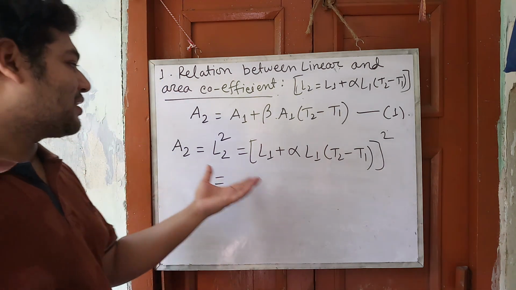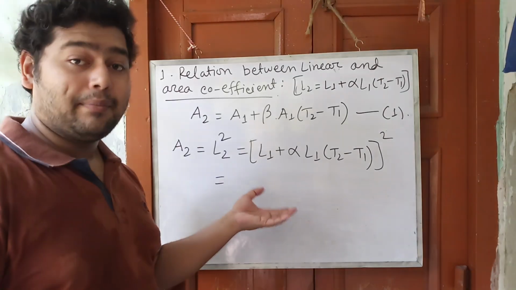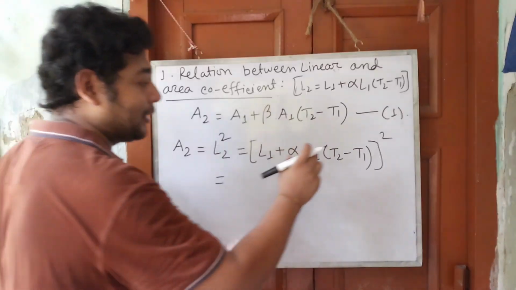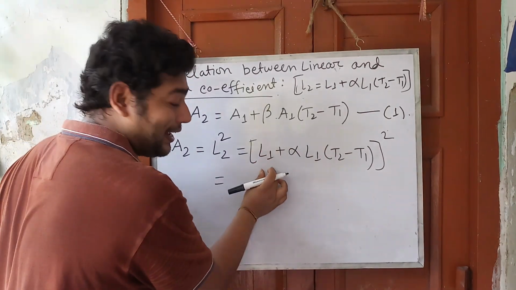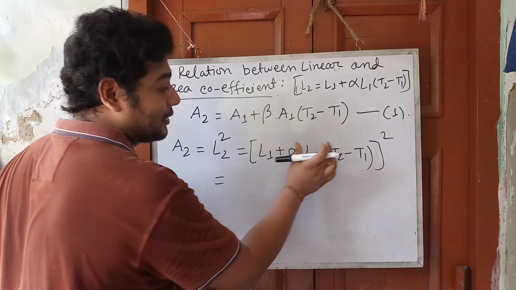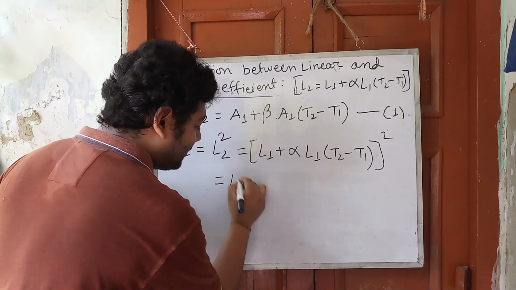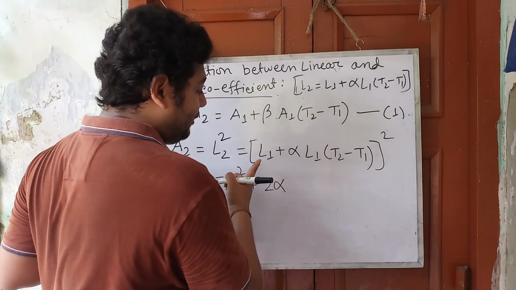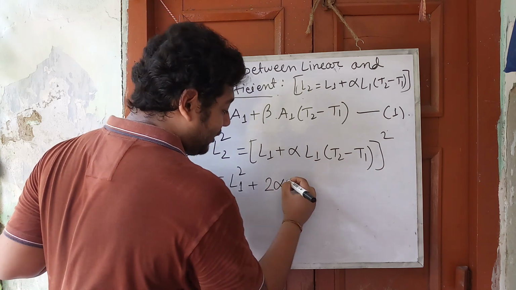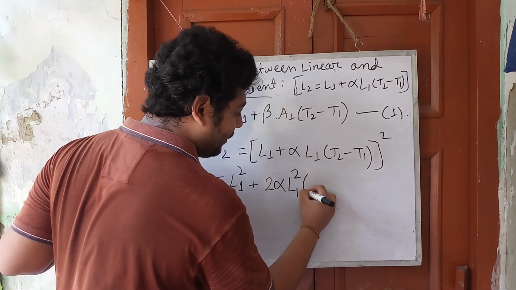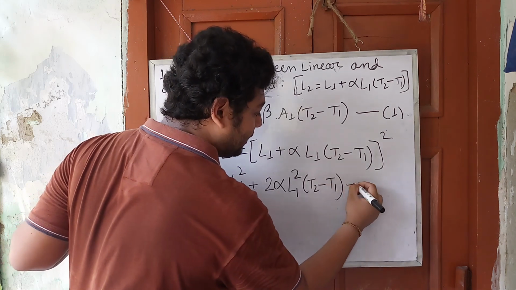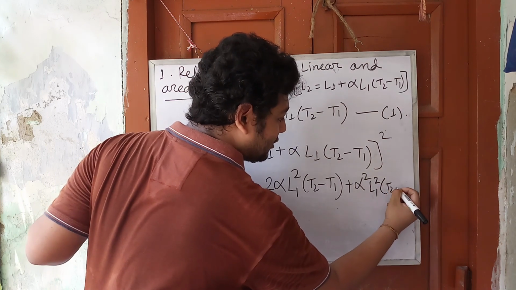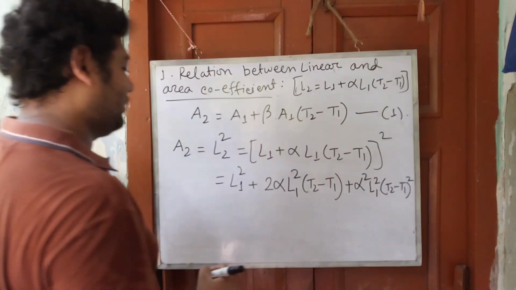Expanding it by using our well-known formula (A plus B) whole square equals A square plus twice A into B plus B square, we can write L1 square plus twice alpha L1 square T2 minus T1 plus alpha square L1 square T2 minus T1 whole square.